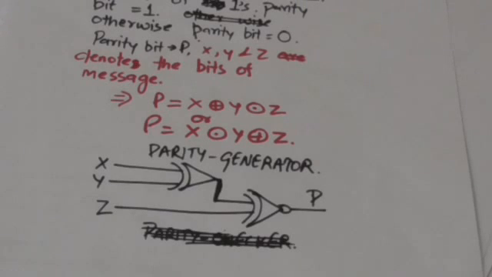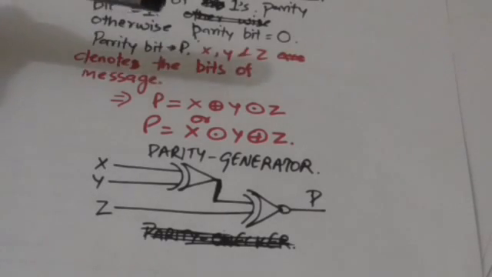So P, which denotes the parity bit, is a Boolean function of x, y and z. Here x, y and z denote the bits of message. Now as I told, the value of P should be equal to 1 when its input variables, that is x, y and z, have an even number of ones.